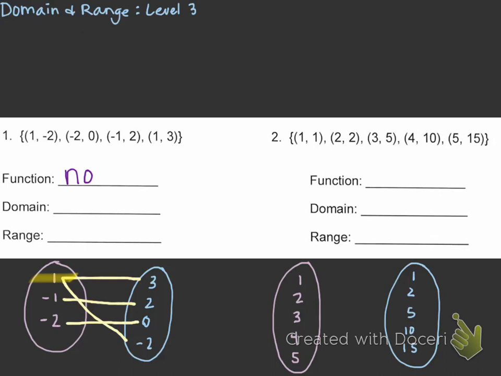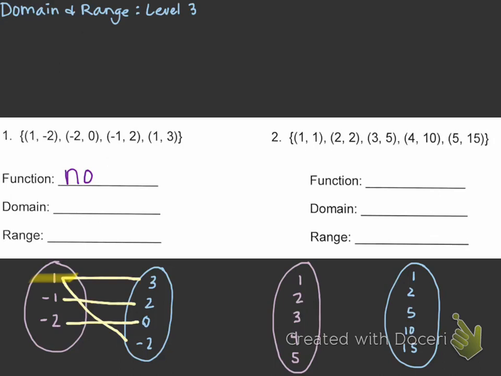All right, just a quick reminder on our definitions of domain and range. Domain is the set of all input values, or the set of all x values, and our range is the set of all y values. So if we are given a list of coordinate points, all we know is that our domain is the x values.